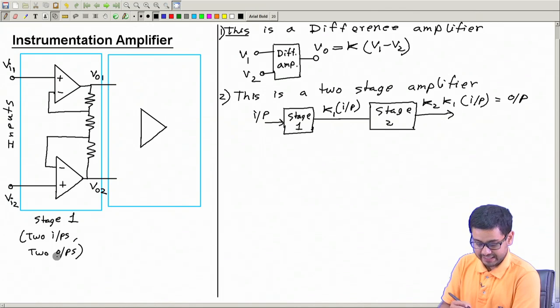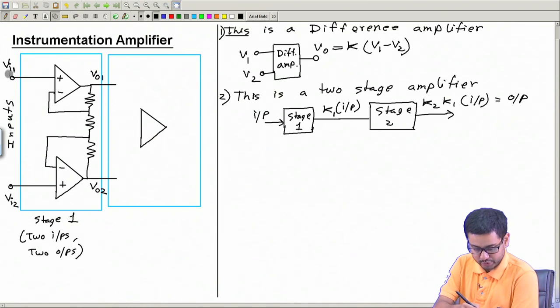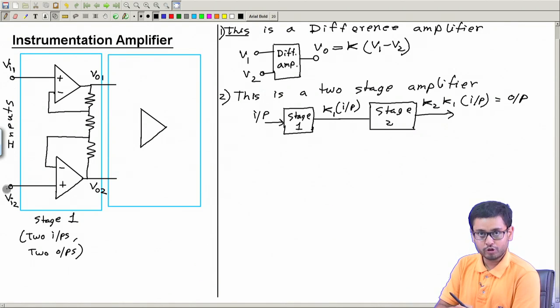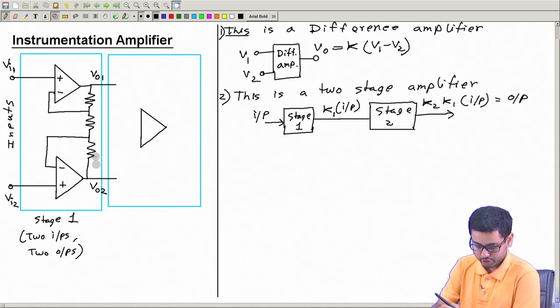And this is a difference amplifier. So, the difference between the two inputs will be amplified, and that will get reflected in the difference between the two outputs. So, this is a two input two output amplifier.